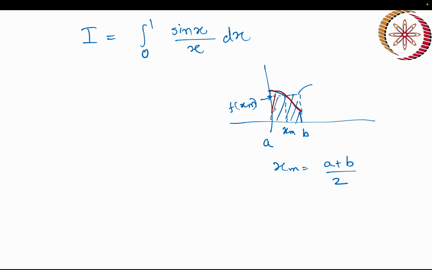Okay, so you can see that we are just interested in determining the function at the mean location.